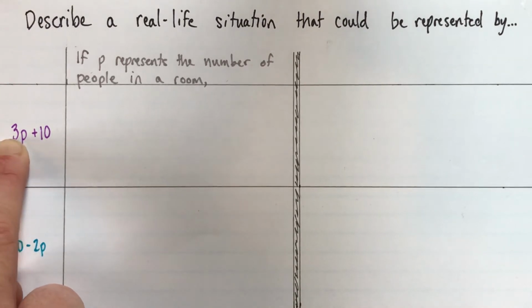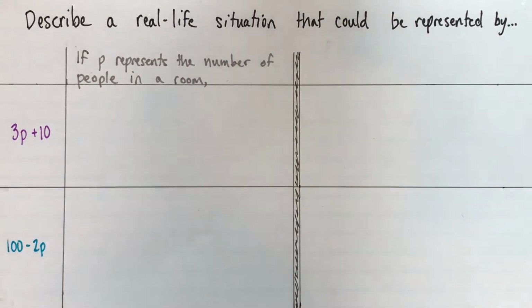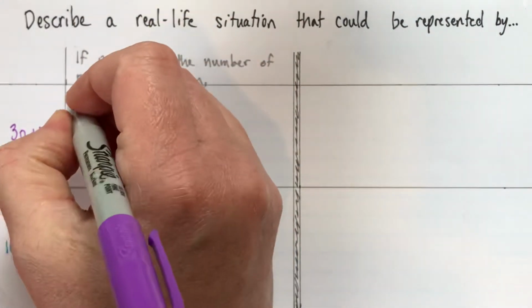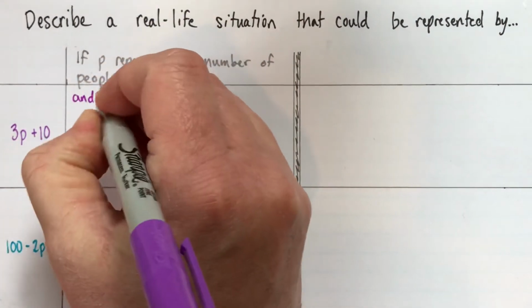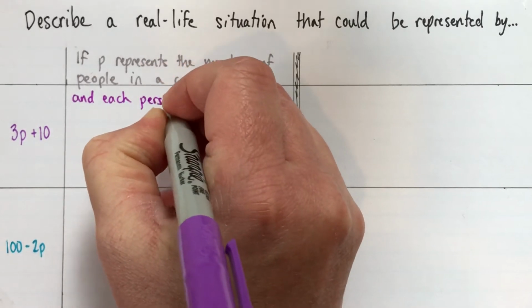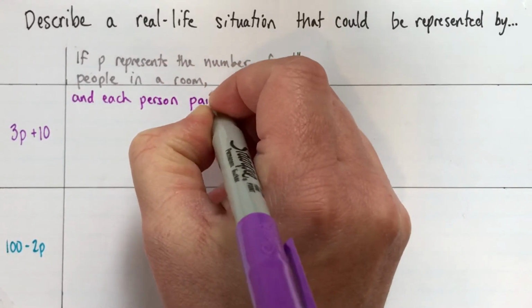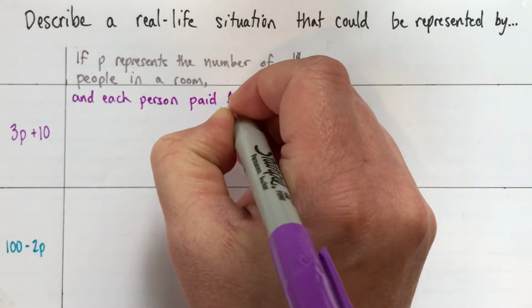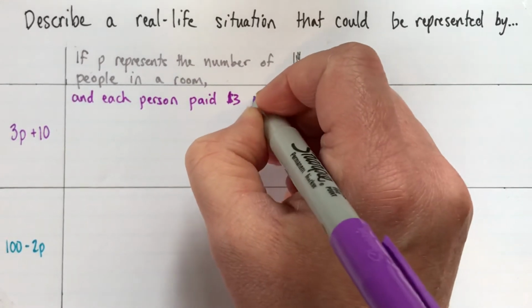So that gives us a reason, if each person pays $3 admission, to multiply the 3 by the p. So let's start with that. And each person paid $3 admission.